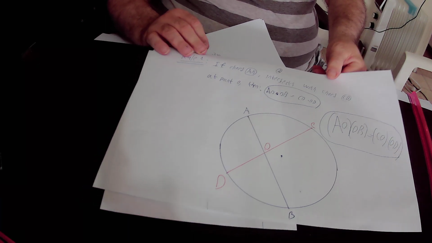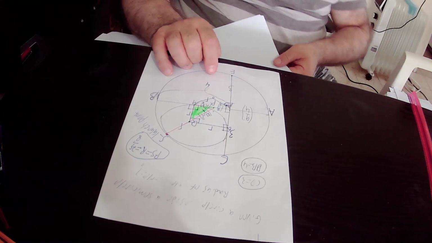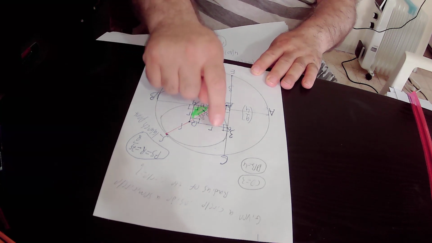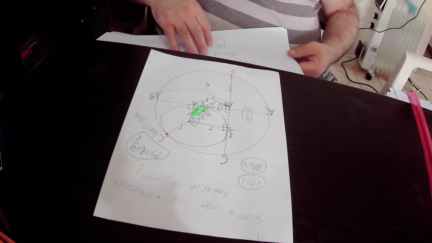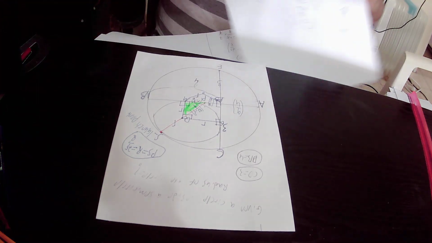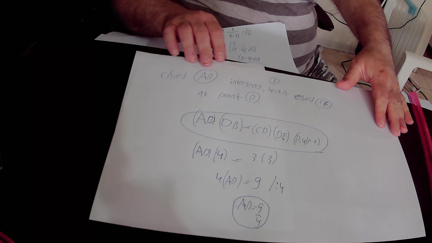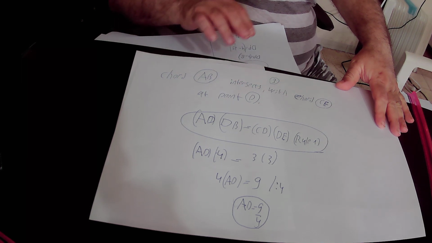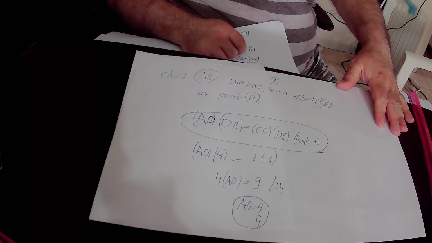We can implement rule number 1 in our drawing. Why? Because in our drawing we have chord AB that intersects with chord CE at point D. Point D is the intersection point of chord AB with chord CE.